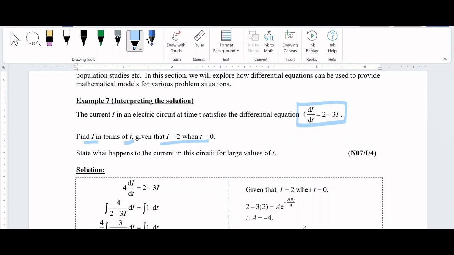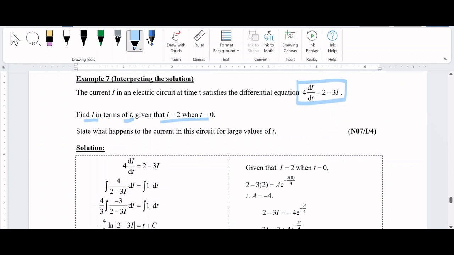So sometimes the context is there just to add in a layer of application. It doesn't really make the question totally new or impossible to solve. So do not fear, just solve it as you have learned earlier.